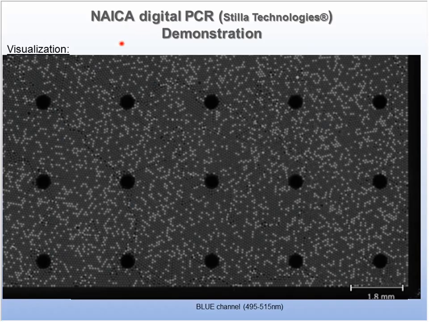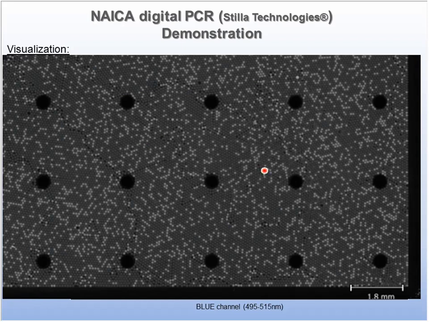So here is a photograph of a chamber in the blue channel after the thermocycling. You see each droplet. And you see also that each white spot represents a droplet in which we observe a positive fluorescent signal.